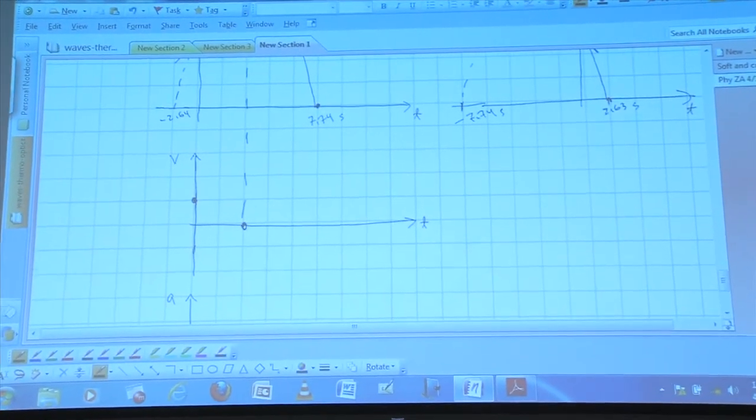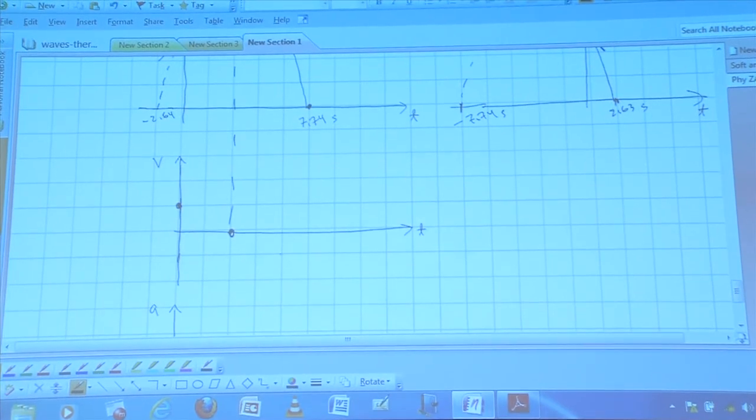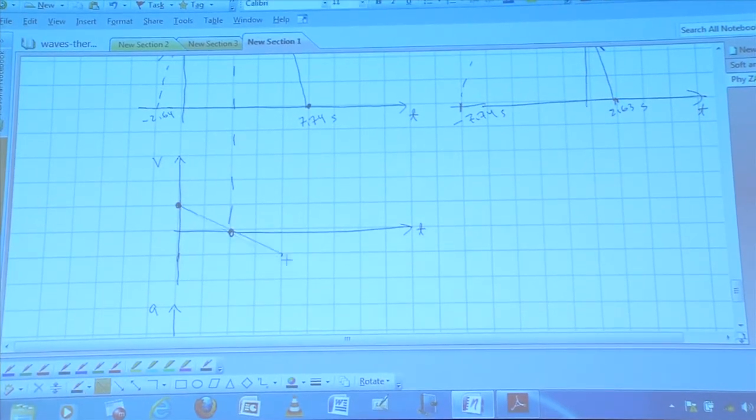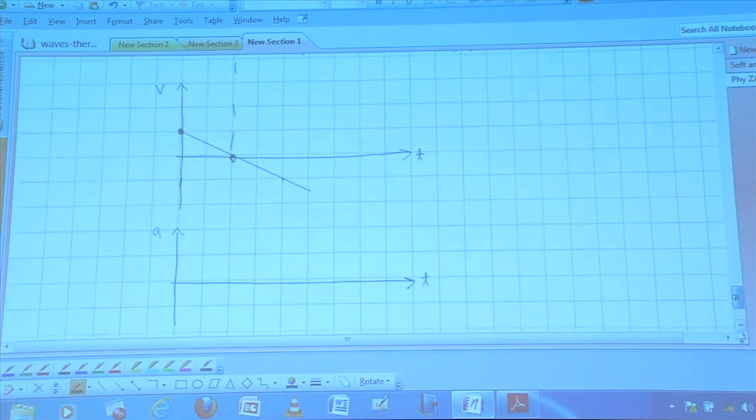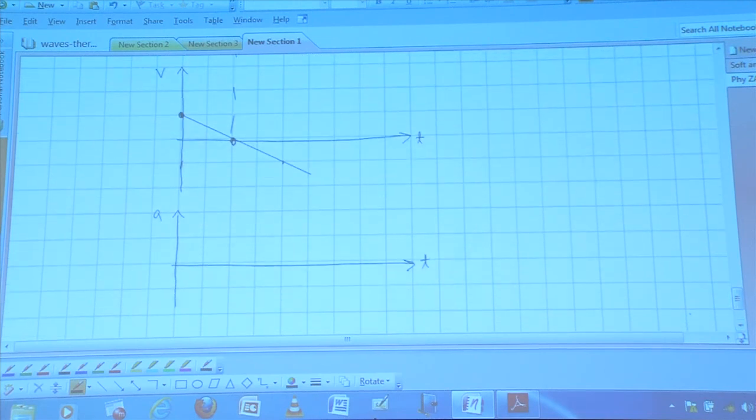Goes through 0, and then it keeps going, and it hits the ground right here. Okay, my scale is not very good, but you get the idea. The velocity versus time is linear.